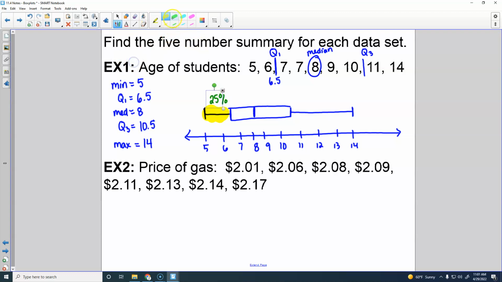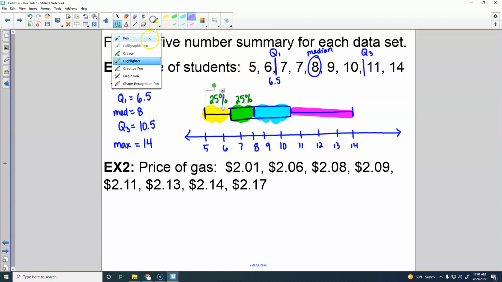Then this section right here also contains 25% of the data. This section right here is 25%. This section right here is 25%.